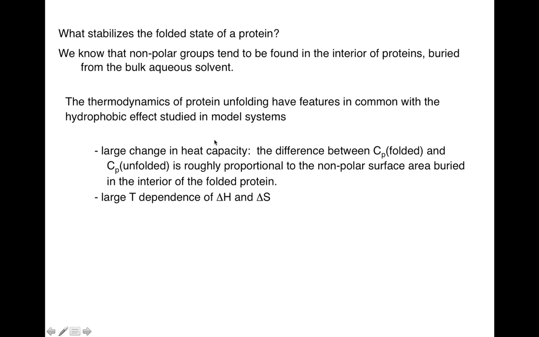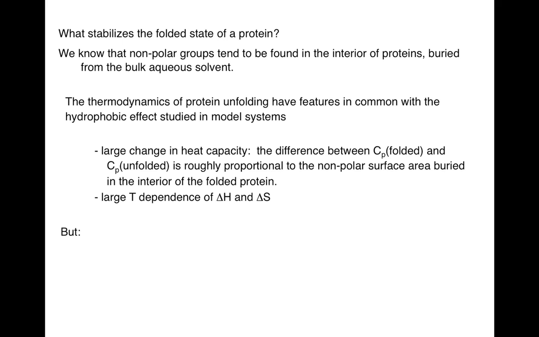If you unfold a protein, there's a very large change in heat capacity. The difference in heat capacity of a folded and an unfolded protein turns out to be proportional to the nonpolar surface area buried. There's also a very strong temperature dependence of enthalpy and entropy in this hydrophobic effect. So it's thought that the hydrophobic effect is really the driving force for stabilizing proteins. It's why you have nonpolar groups on the inside.